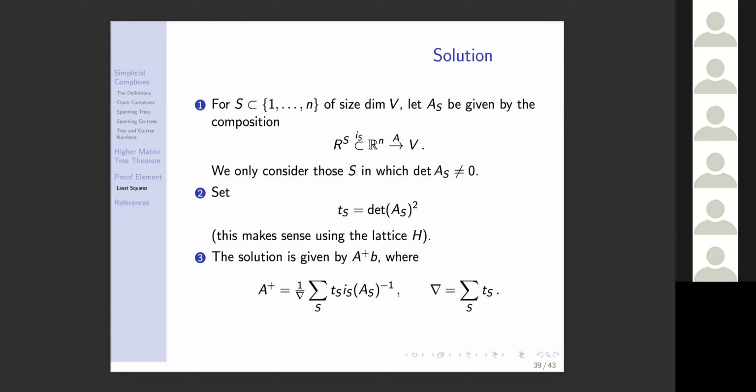So this should remind you of my talk last week, when I computed the projection of my one-chains onto my one-cycles in the matrix-tree theorem. This kind of sum that appears is very similar to that. So this is what you get, and this solves the least squares problem. And this turns out to be a main ingredient in our proof.